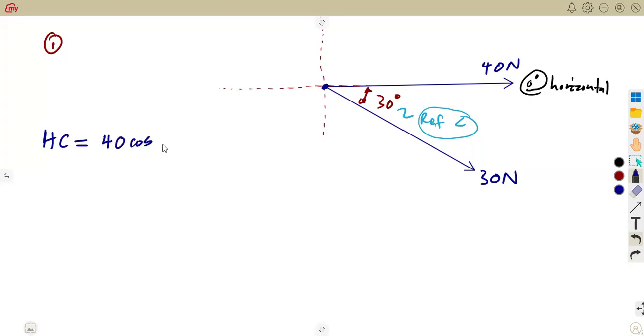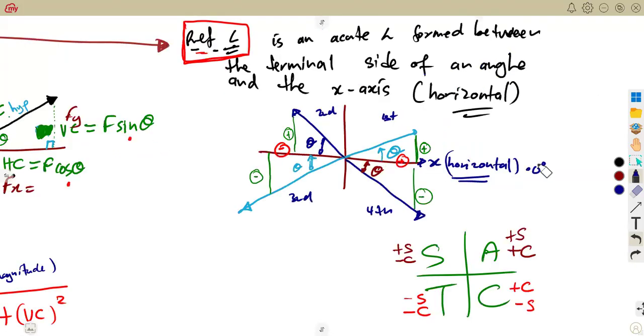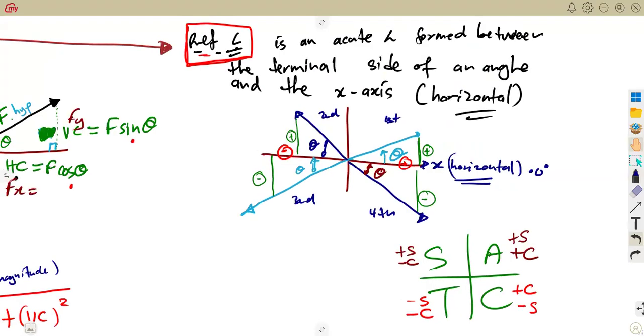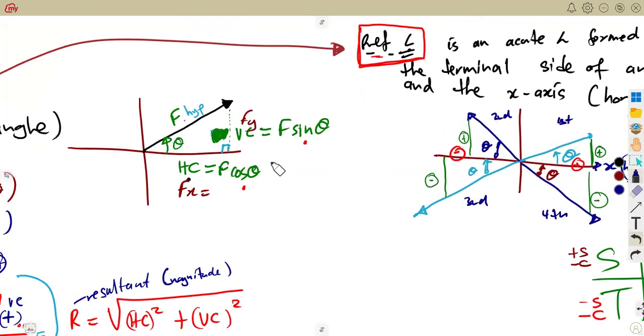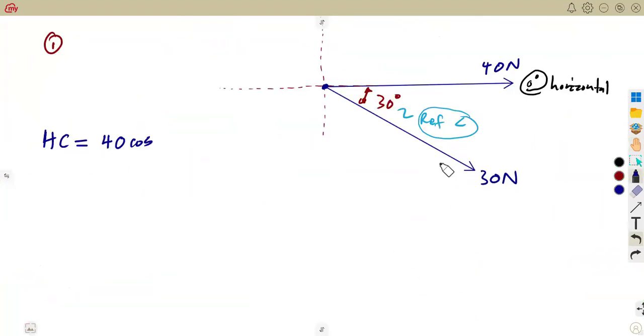Remember, horizontal, I said it carries cos. Wherever you see horizontal, it carries cos. It's the force and the cos, vertical sine. So that's 40 cos 0 degrees. All right. So using the reference angle now, we must consider, as you can see, this is positive, all right? I did not mention that, but we must consider that this is the positive side of the horizontal.